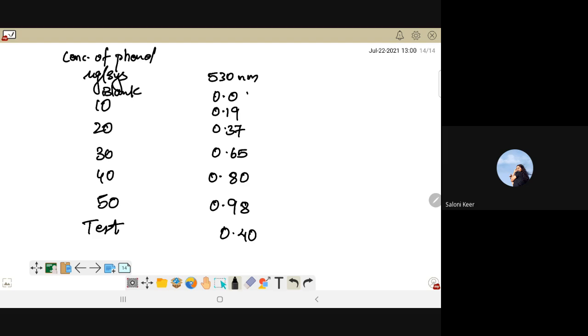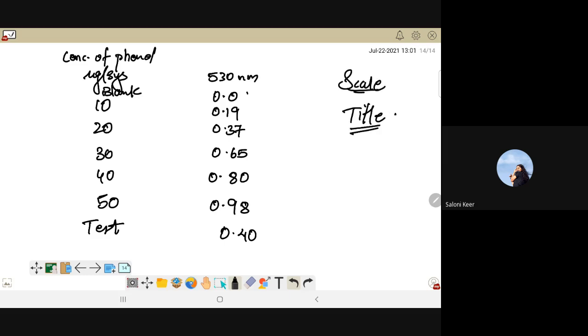Okay. So now what you will have to do? You will have to plot the graph. So you'll plot the graph with these values that I have given you. Don't forget that you have to label the x-axis and the y-axis. You'll have to write the scale and the title of the experiment.